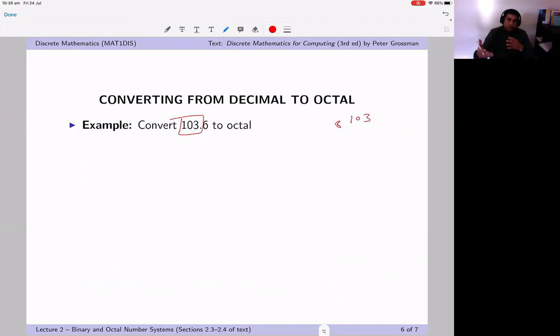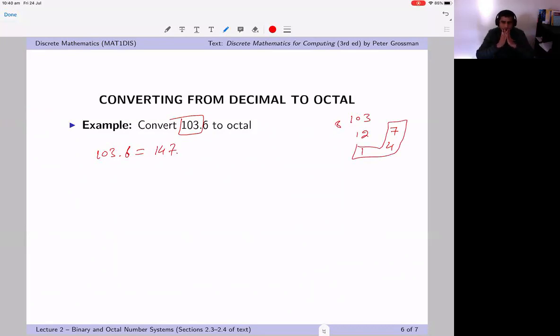How many times does 8 go into 103? It goes 12 times. 12 eights are 96, and the remainder is 7. Then 8 goes into 12 once, and the remainder is 4. Hence 103.6 converts to 147 point. Again, exactly the same process.